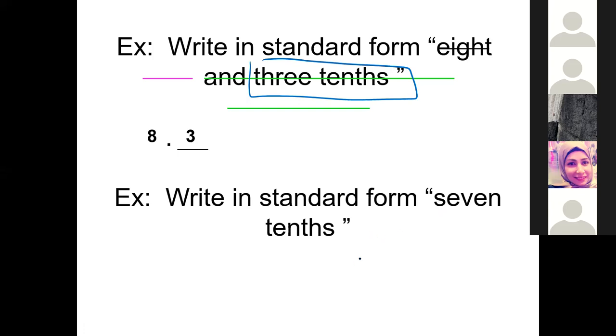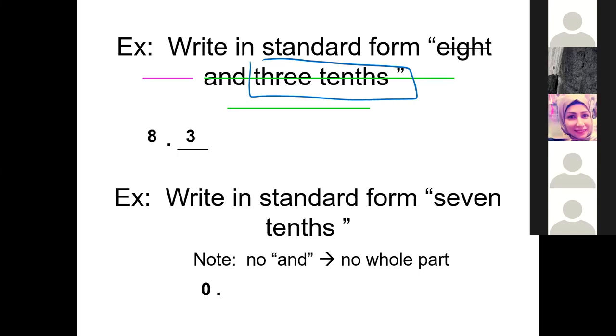We don't have and, Leen. So it means that we write 7 only? No. If there is no and, it means no whole part. So the whole part is 0. Teacher, how many minutes until the class will finish? Less than 1 minute. So no and means no whole part. So 0 point what?